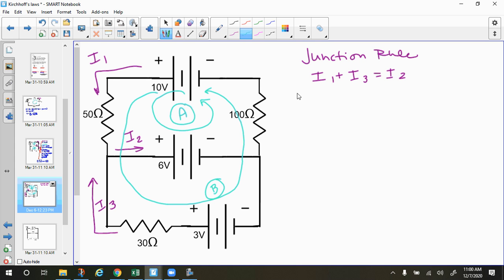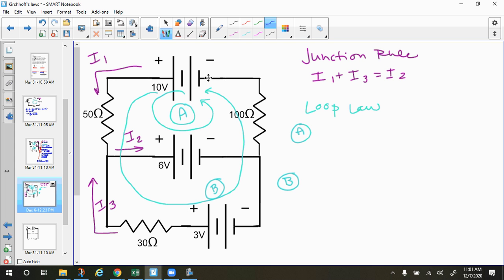Okay, so now we're going to use our loop law or rule. Doesn't really matter. For A, we're going to have an equation. For B, we'll have an equation. So for A, when we follow our loop law, we start off with 0 potential.